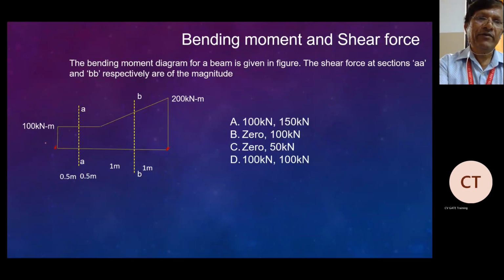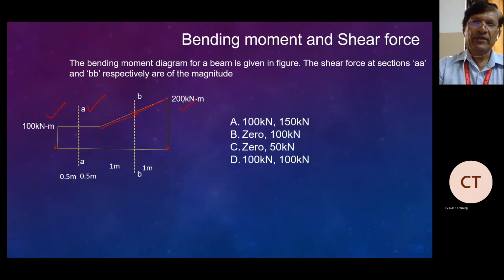So what they have given here is the bending moment. Bending moment is there here, and this is the fixed point. From here to here, constant moment, and here changing, an inclined portion. That is what we are interested to calculate. Once you have a constant moment, we know that shear force is equal to 0. And here, 100 to 200, that is inclined, so it will be having a UDL.